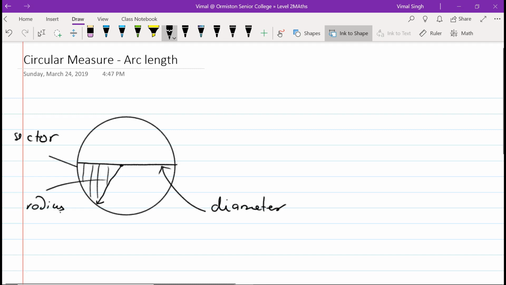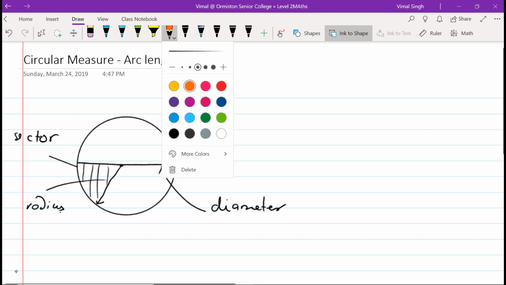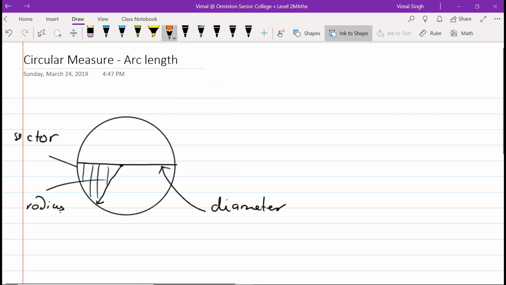Alright, and then if I do this, let me just choose another color pen over here. It's really much better. I do this. And then if I draw a line, okay, let's try this again.